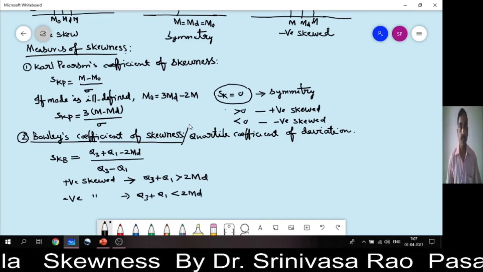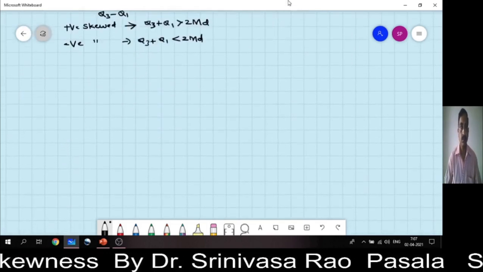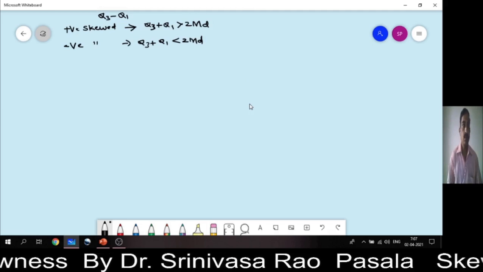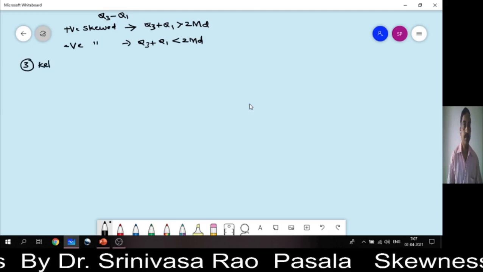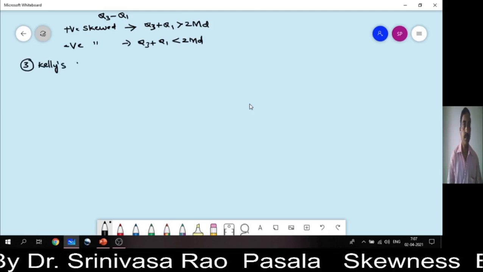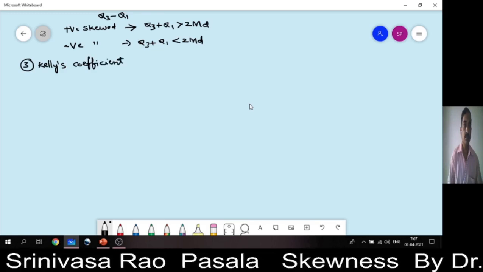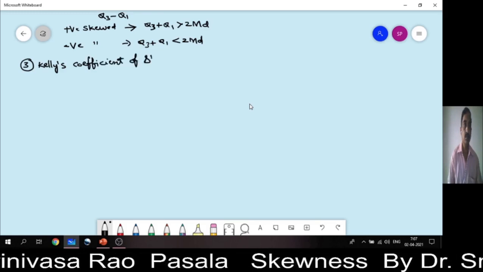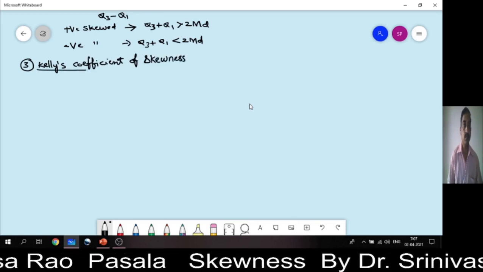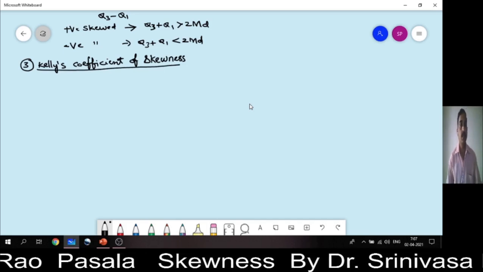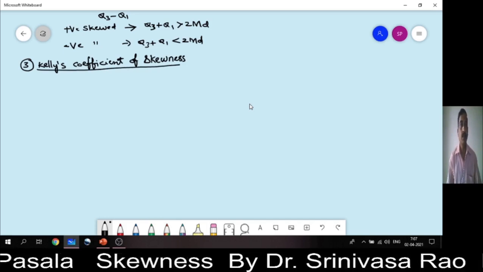The third measure for measuring the skewness is Kelly's coefficient of skewness. Professor Kelly has given the formula for measuring the skewness.